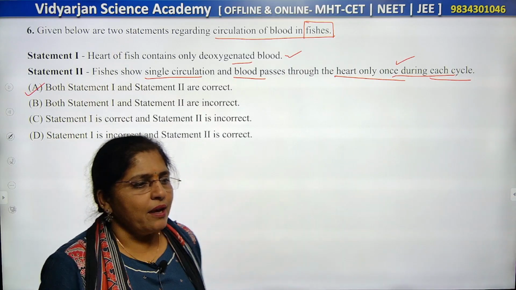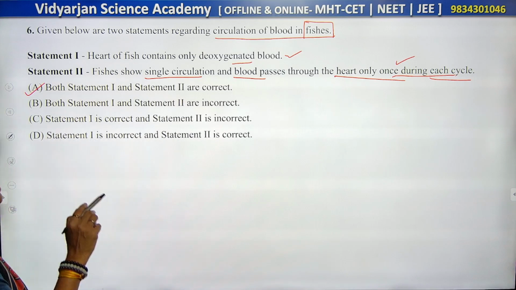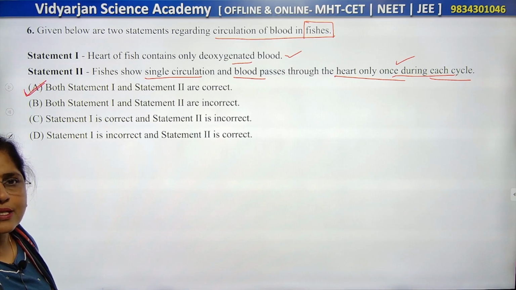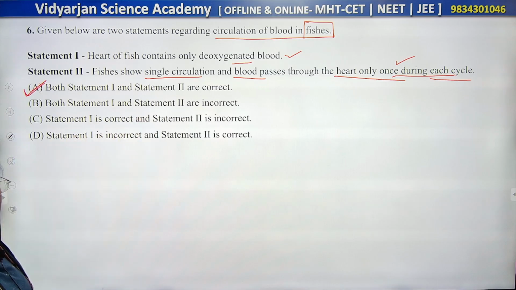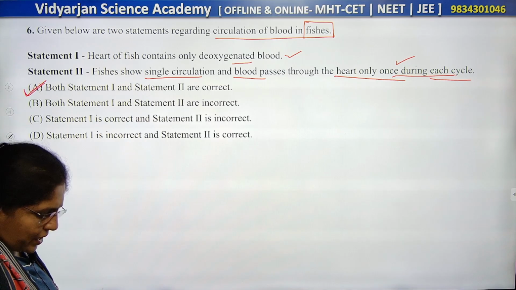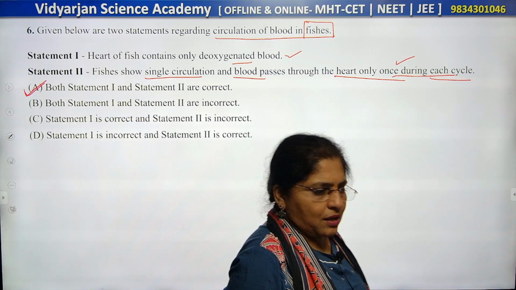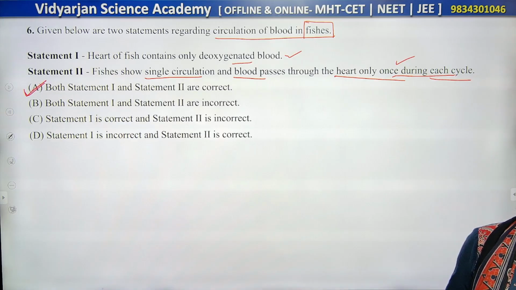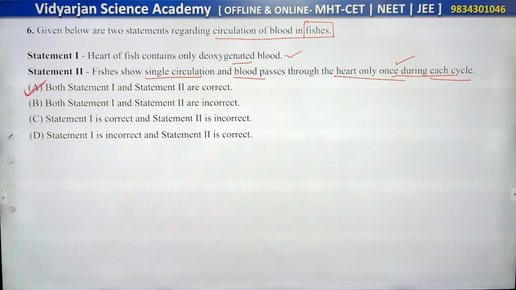This is the perfect answer. You can read it again and note down the answer: A is the correct answer. I will give you a few seconds to go through the statements and choose the correct one.